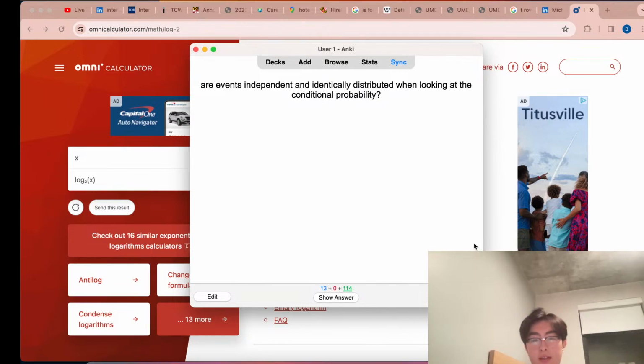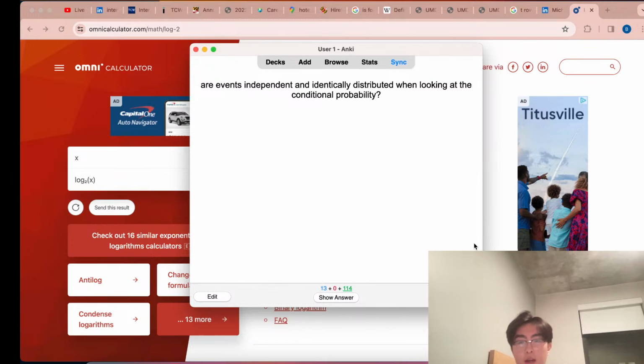Are events independent and identically distributed when looking at conditional probability? Okay, so that's a good question about the theory. I feel like I'm just bullshitting here. But events don't have to be independent and identically distributed, because with conditional probability you're not really making that assumption. You're just saying, what's the probability of this happening given that this had already happened?